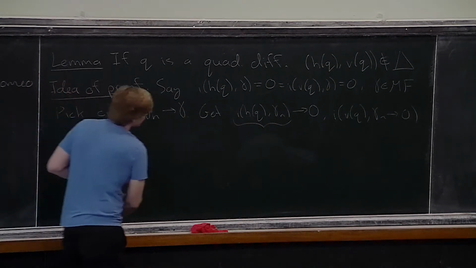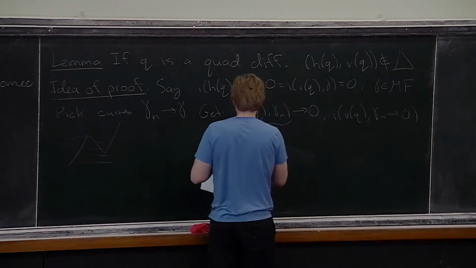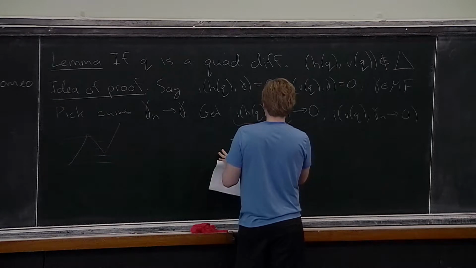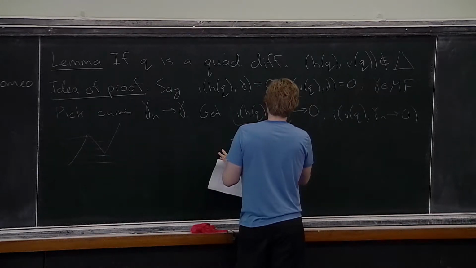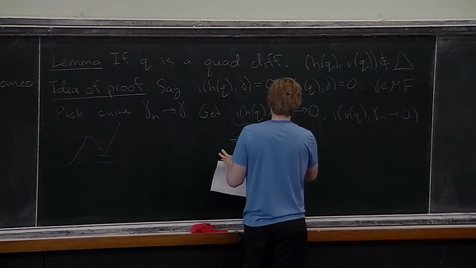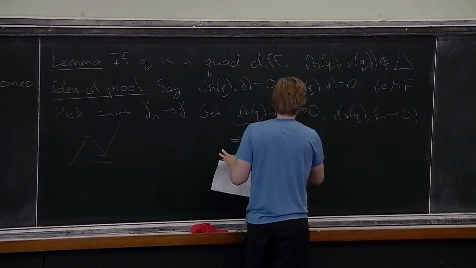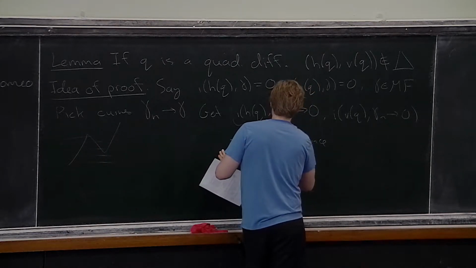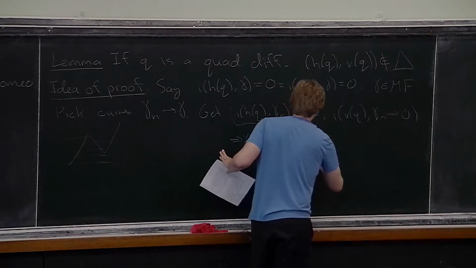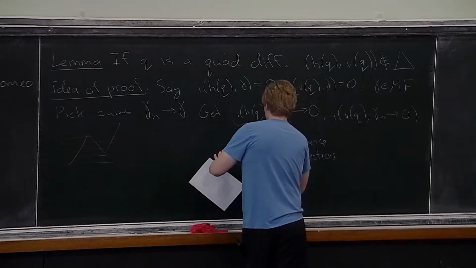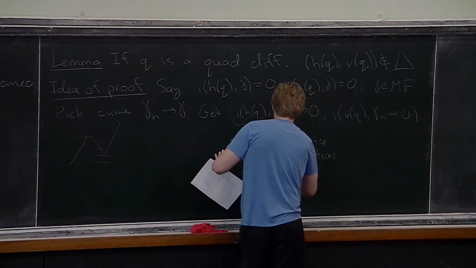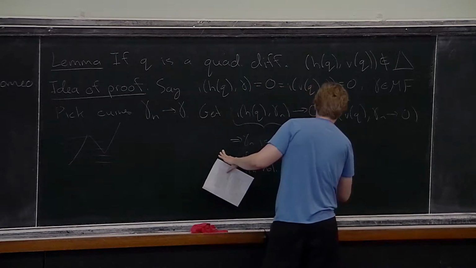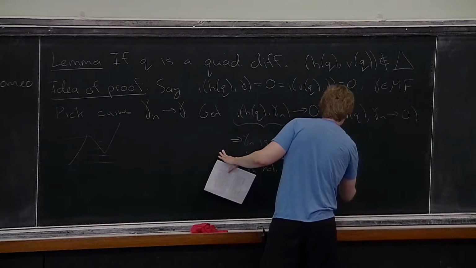So this means that gamma n is or can be represented by a sequence of saddle connections with holonomy xn, yn, and the sum of the y is small.